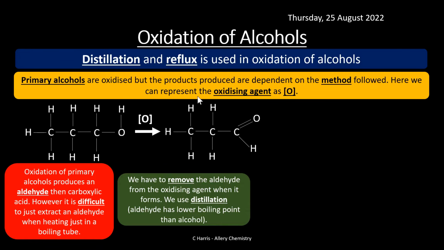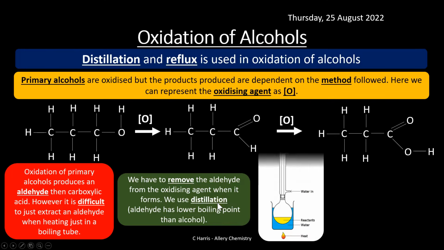You'd heat the primary alcohol up with the oxidizing agent. The aldehyde will start to evaporate, condense down the condenser, and then collect in the separate vessel. You can do this because aldehydes have a lower boiling point than alcohols, so they'll evaporate off much more readily. So you'd have to use a distillation setup to do that.